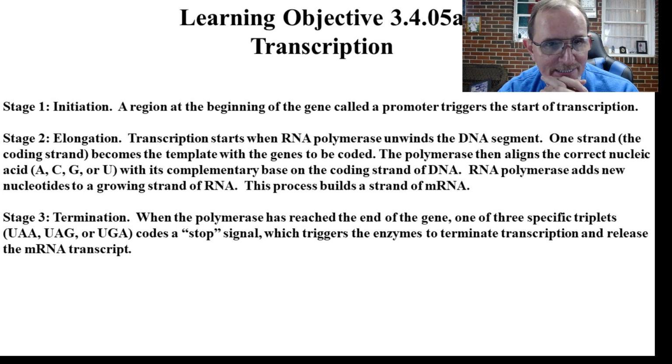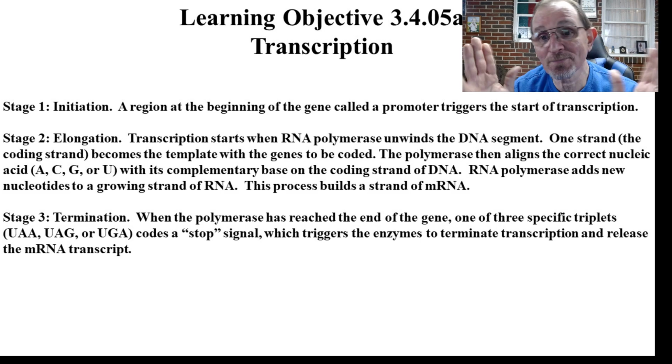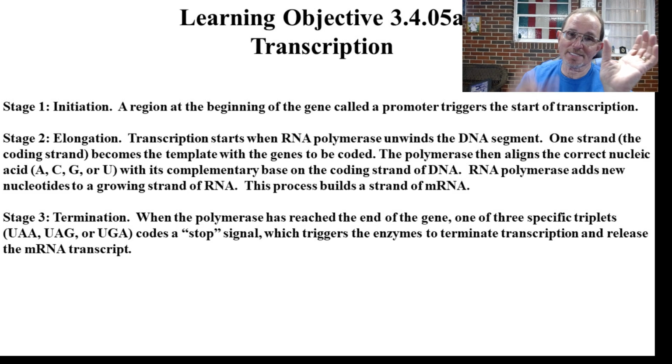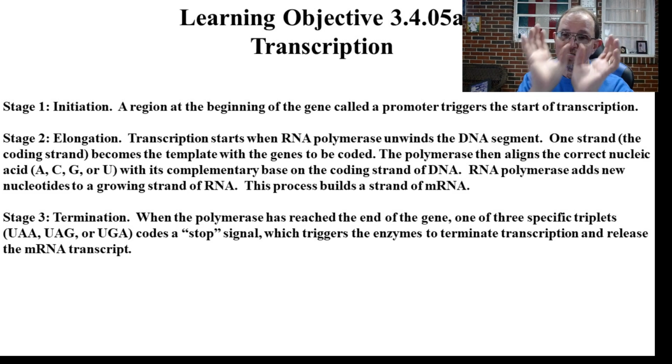Now, let me just give you this little overview. If you put A and T and C and G in proximity to each other, they're going to come and bond, do the hydrogen bonding. It takes nothing. What the RNA polymerase does is bind one nucleotide to another on the same strand.